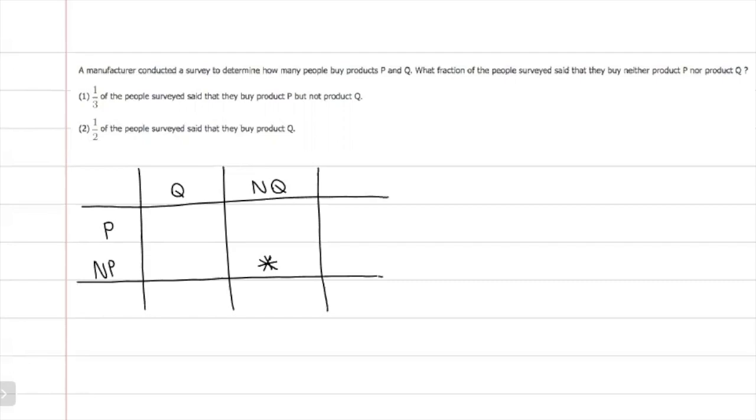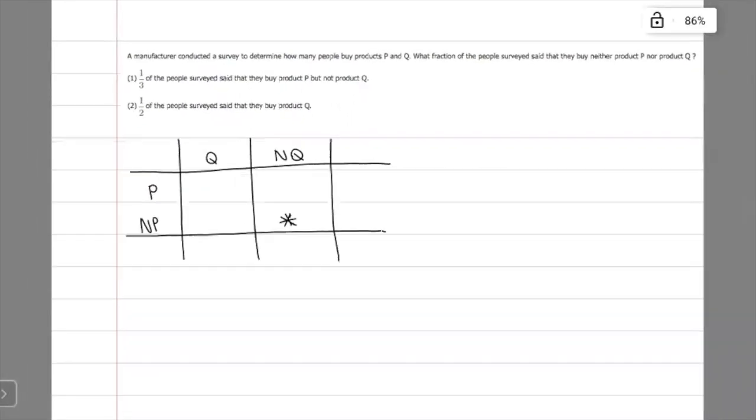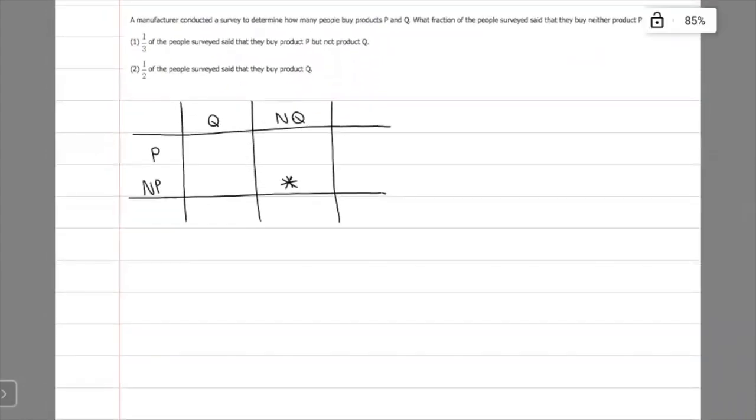So the prompt really doesn't tell us anything. And the statements are pretty similar. Notice how both statements are fractions. So everything is a ratio here. And so what's nice about that is that even though they don't give you actual numbers, that means that you can pick your own numbers just so that you don't have to deal with complicated fractions.